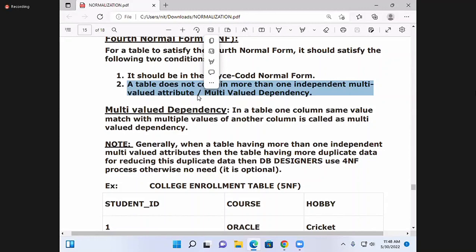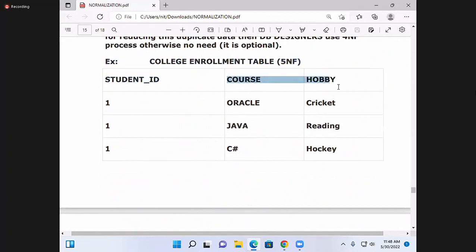My table has more than one. That means this college enrollment table does not satisfy fourth normal form, because it should contain only one multi-valued column, but you have two. So it is not allowed here.